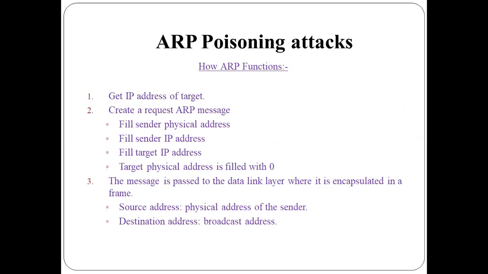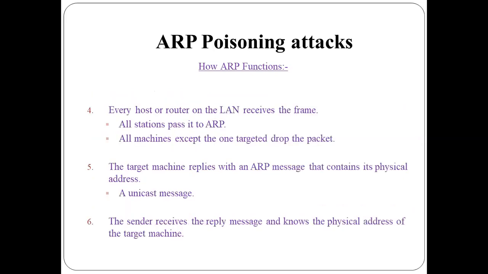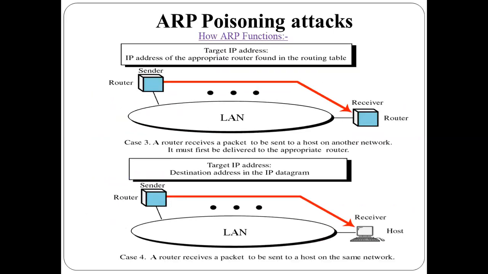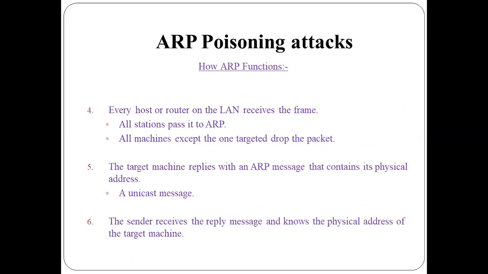There is no meaning of reading all the things on how ARP functions. We have discussed how ARP functions in a unicast manner. And after this we have to talk about ARP poisoning.